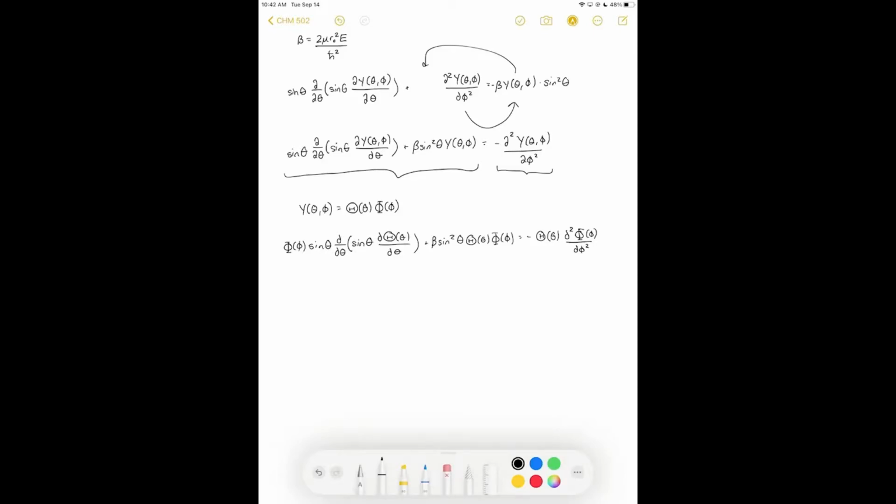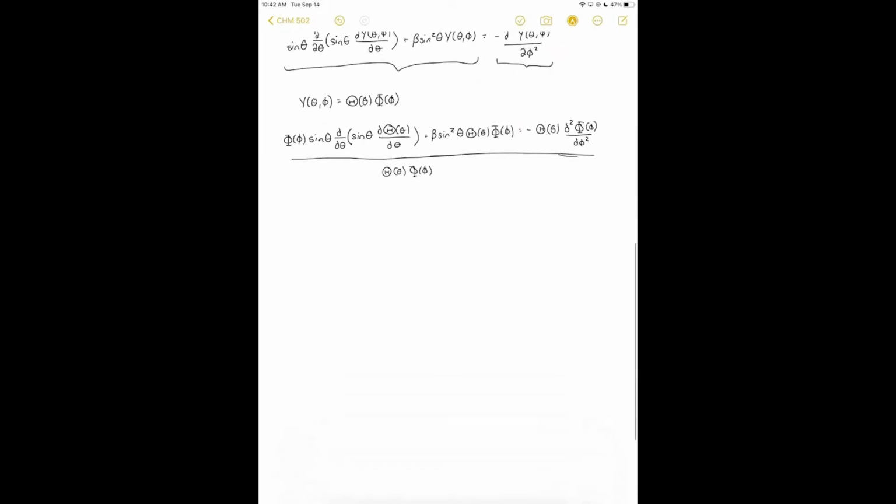And then, like we did for our three-dimensional particle in the box, if we divide each side by theta and phi, we'll remove all phi dependence from this side and all theta dependence from this side. So dividing both sides of the equation here by theta with respect to theta and phi with respect to phi, we end up with the following.